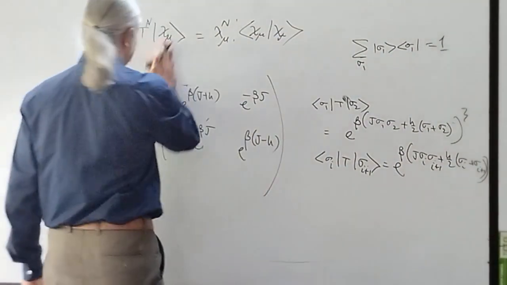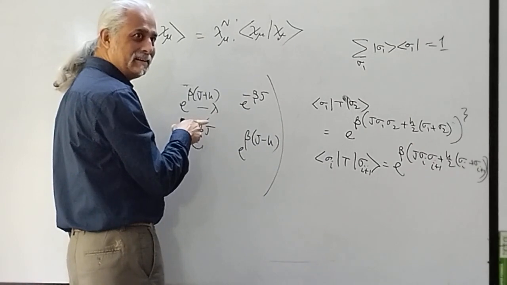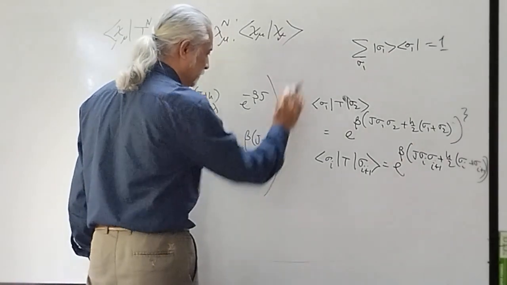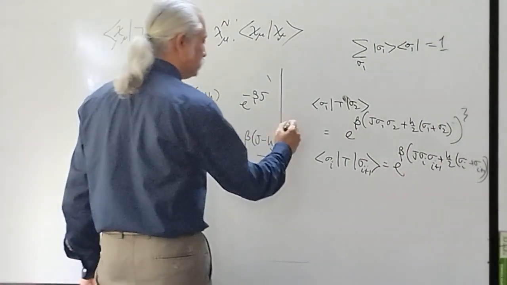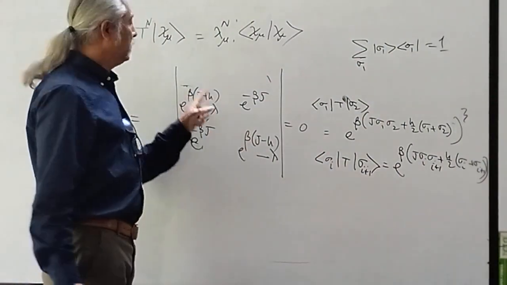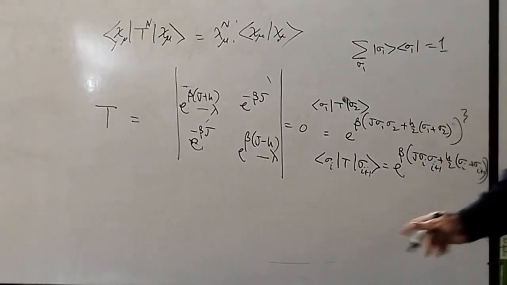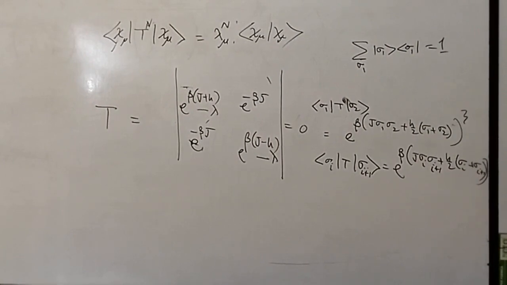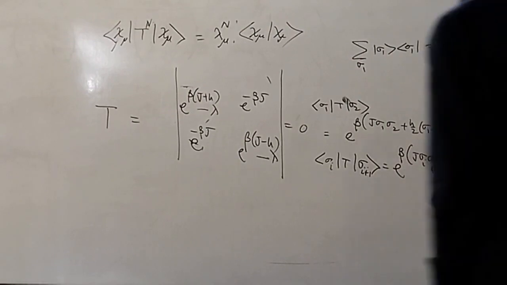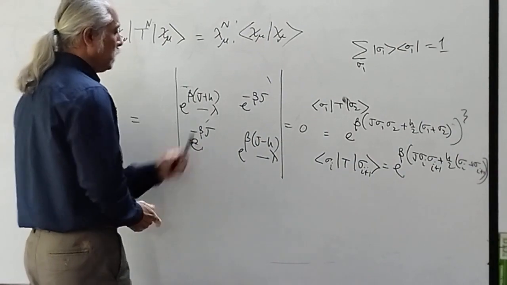From this equation we can get the values of lambda, the values of lambda mu. Look, this is 2 by 2, so there will be two roots, and we know my basis is plus 1 and minus 1, so there are two values. So now we are going to find this.